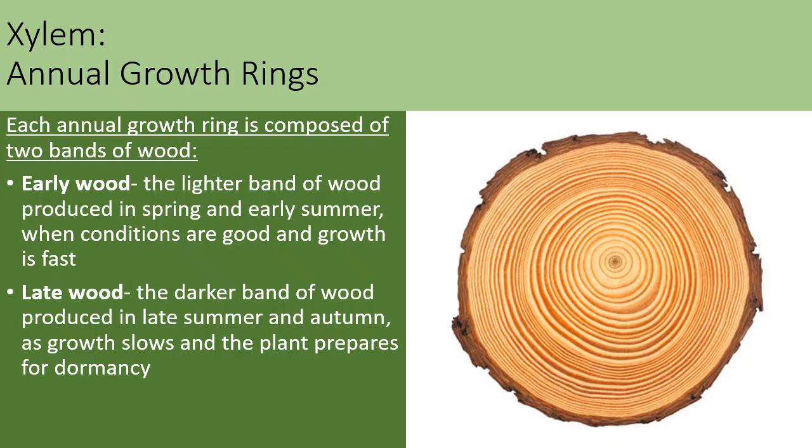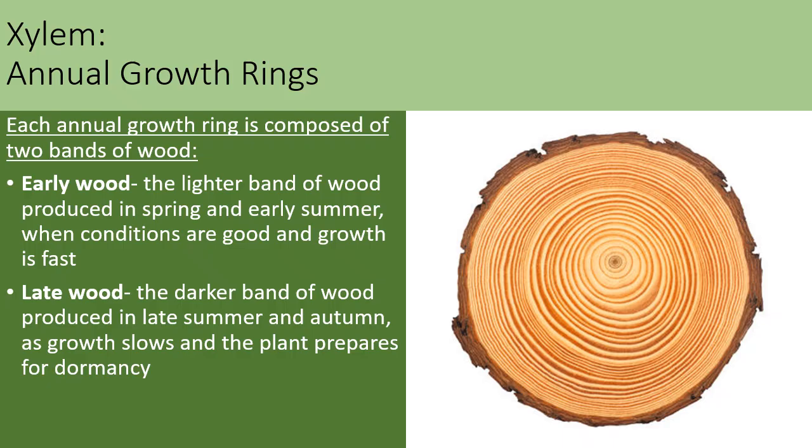Trees don't have brains, so they're not really concerned about anything, but evolution is concerned for trees. So trees have evolved to have more structural reinforcement in that late wood by having a greater concentration of fiber cells, which we'll talk about in a minute.